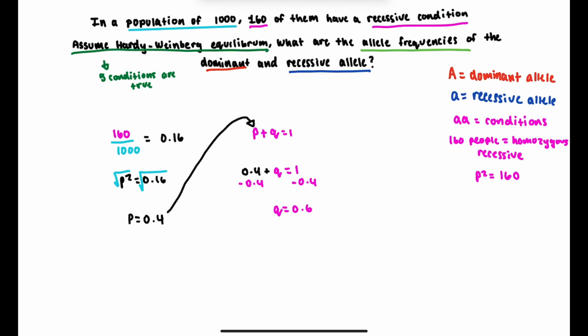So let's put this in percentage form. q is 0.4, and that's equal to 40%. And p is 0.6, which is equal to 60%.